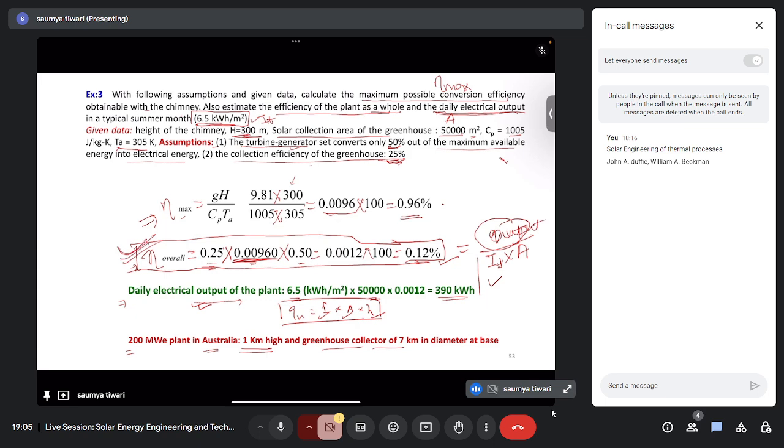So it will be overall efficiency into I into A. Your I is 6.5 kilowatt hour per meter square, and your area is given this much meter square. So you can multiply it, and you can see that 390 kilowatt hour is the daily electrical output of this plant. Okay.